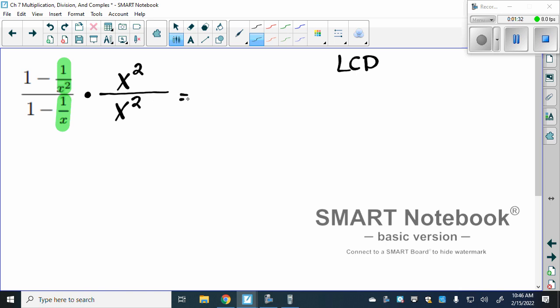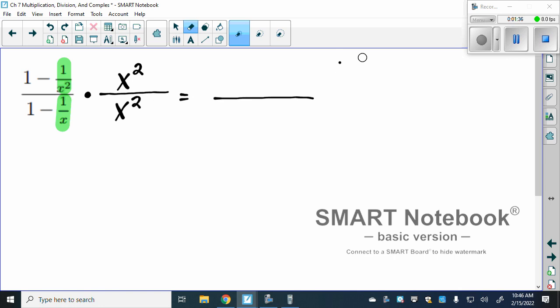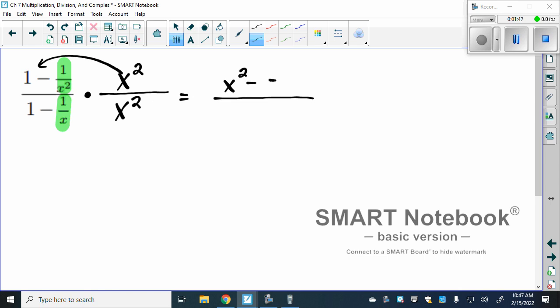Now we can see that when we multiply this through, because we're going to multiply the entire numerator and entire denominator by this here, we're going to have 1 times x squared, which is x squared, minus x squared times the numerator 1, which would be x squared.